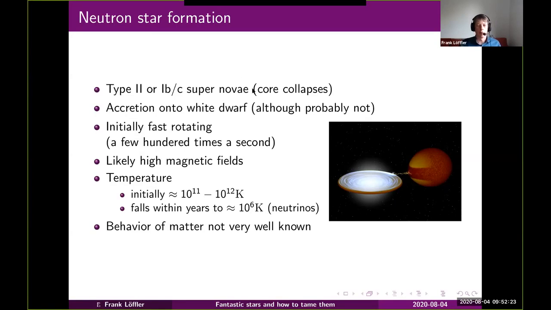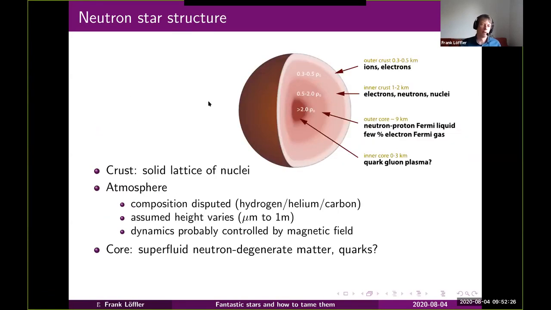Now, if you go a bit further and ask what is the structure of one of those stars, I've shown you here a picture, and that's a really cool picture and might not even be the most current one anymore. Most models of the internal structure of neutron stars will tell you that it likely has a crust, some kind of layers of nuclei, although it's really a big nucleus, the whole star essentially.